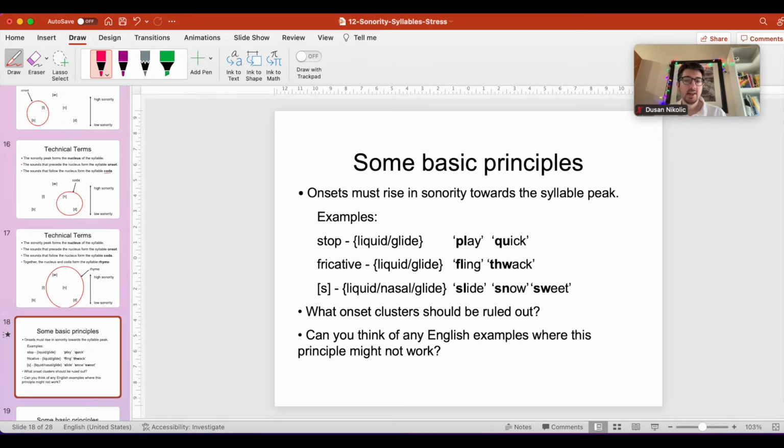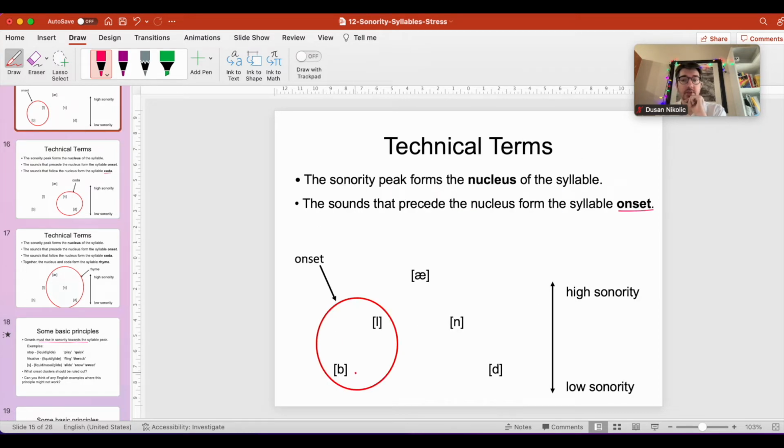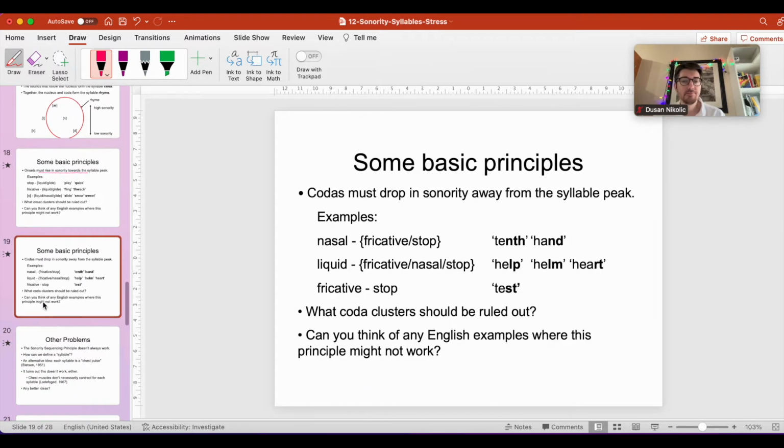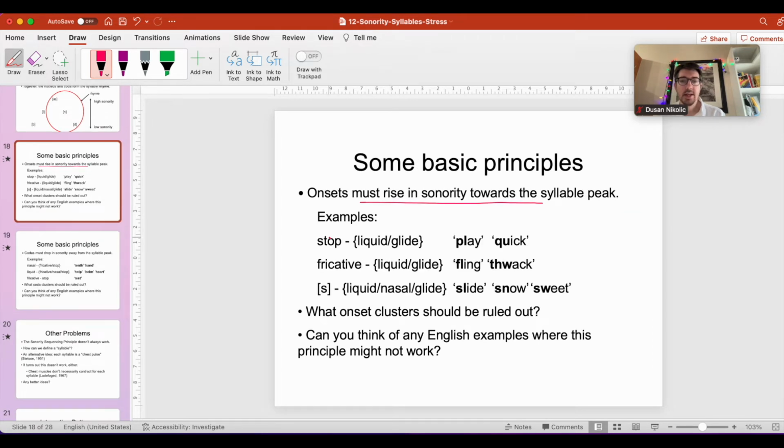The idea is that onsets must rise in sonority towards the syllable peak, right? As we said, B is least sonorous, L is more sonorous, and then it's rising in the level of sonority. Some examples here are play, quick, fling, thwack, and so on.